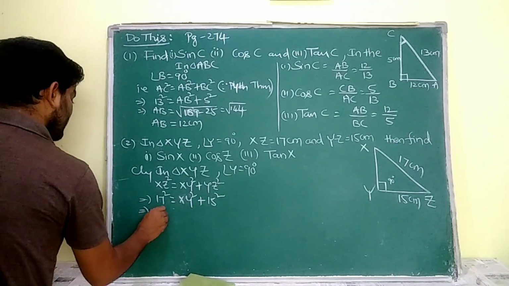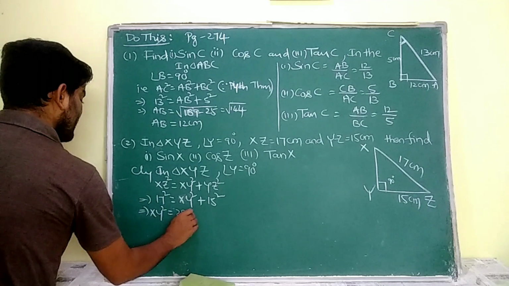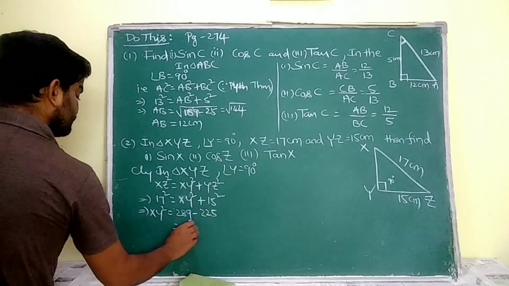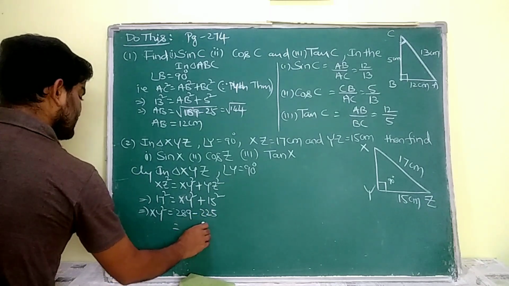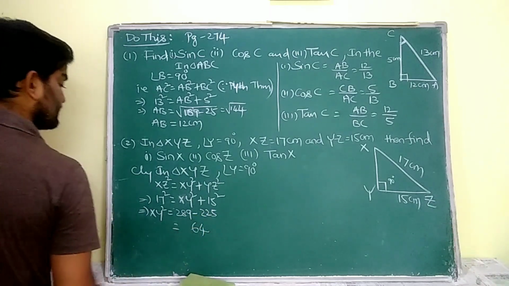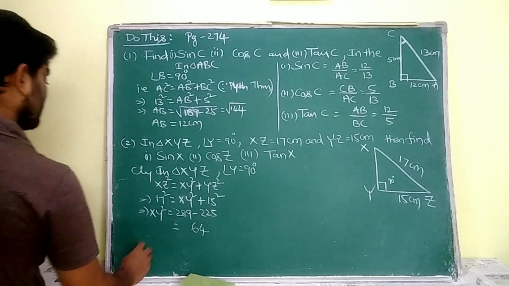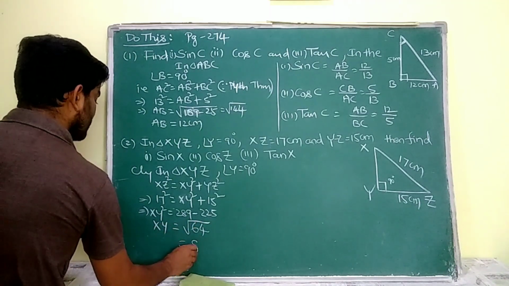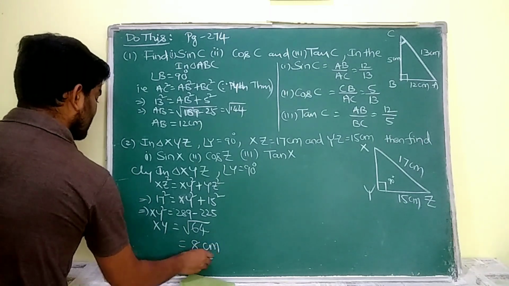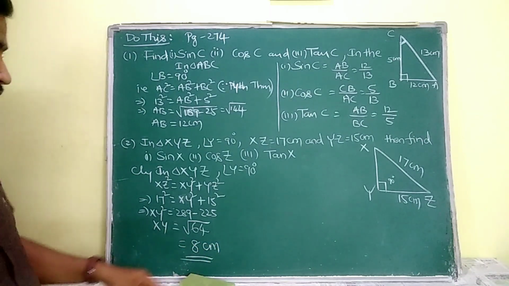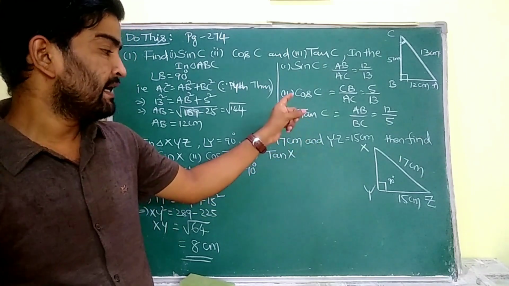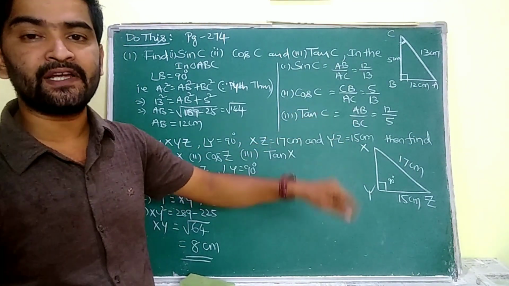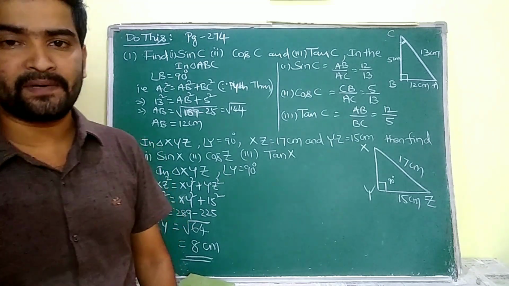That is, XY square is equal to 289 minus 225, which is 64. Then XY is equal to root 64, that is equal to 8 centimeters. You may also write directly that XY is 8 centimeters because 8, 17, 15 is a Pythagorean triplet.